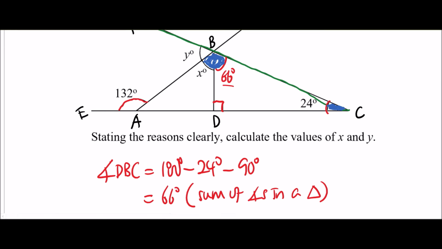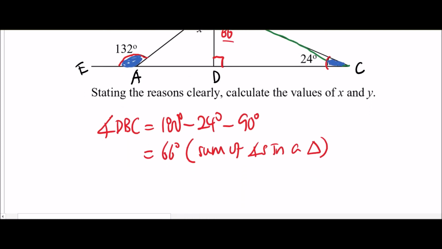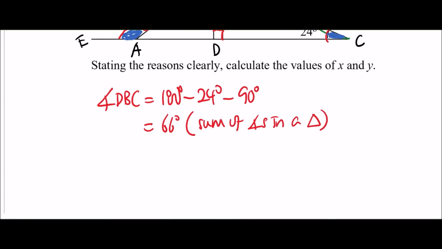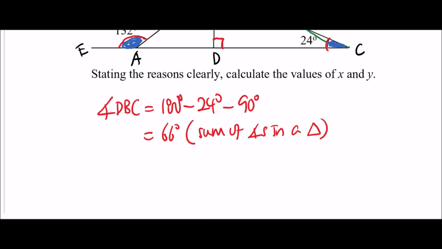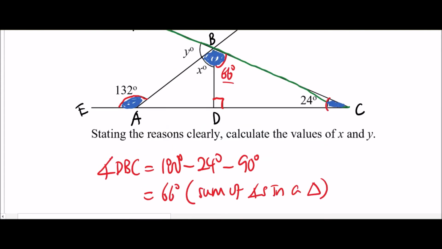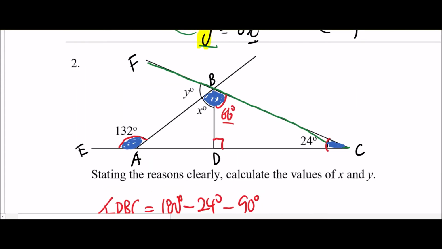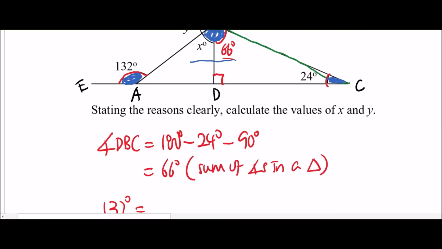Well, our strategy just now was to make use of this exterior angle. So I'm going to make use of this exterior angle here. I'm just going to write 132 degrees equals to, okay, so this angle over here is made out of X and 66, right?